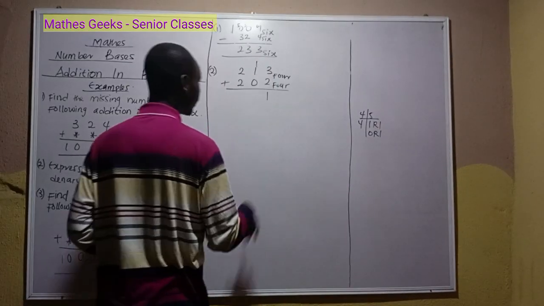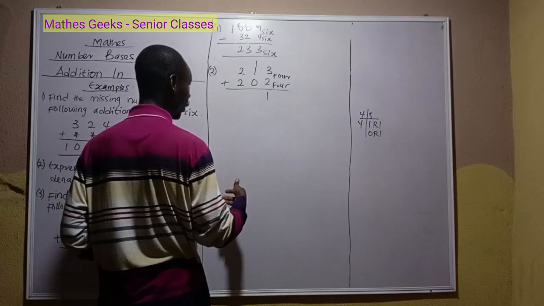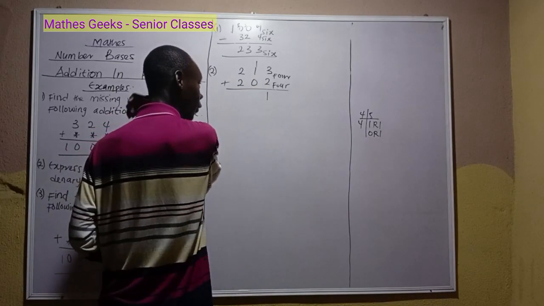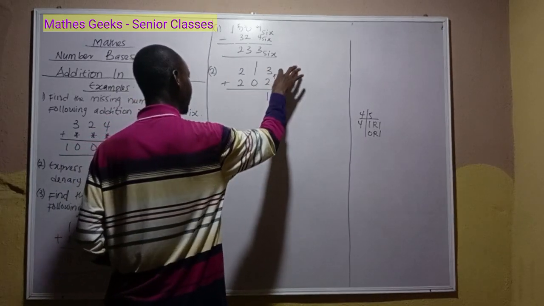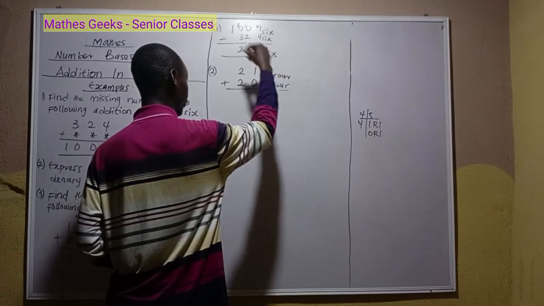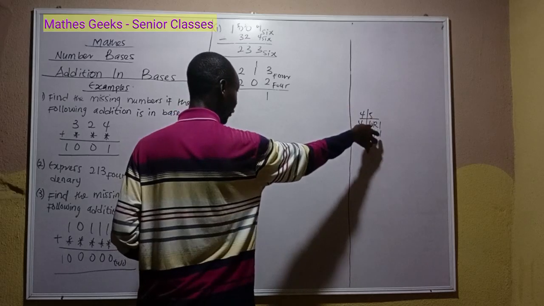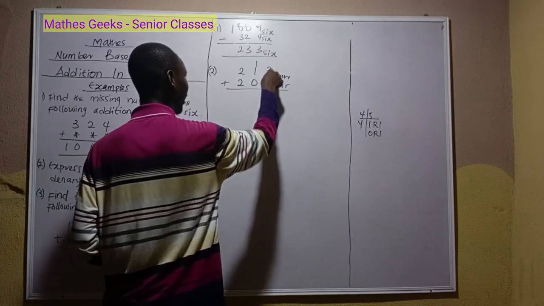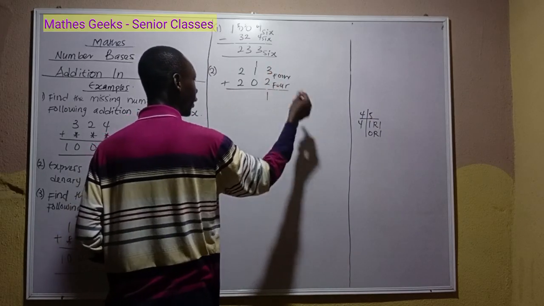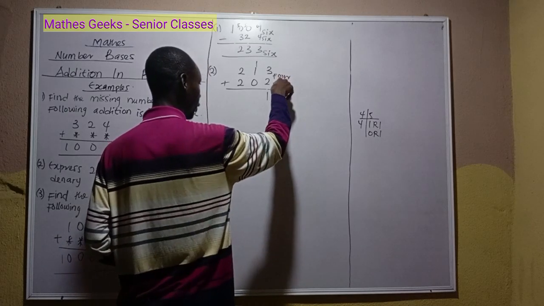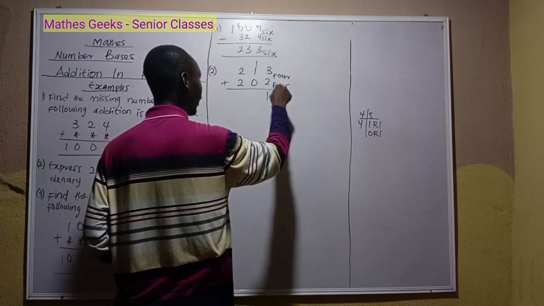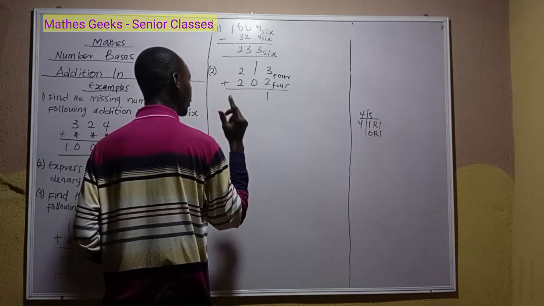So this is what you do anytime you are adding, subtracting or multiplying, and you discover that your answer is greater than the base that you are doing the operation in. You find the value of that number in that base. So in this case, when I added 3 plus 2, I got 5. However, I'm doing the addition in base 4, and in base 4, the highest number is 3.